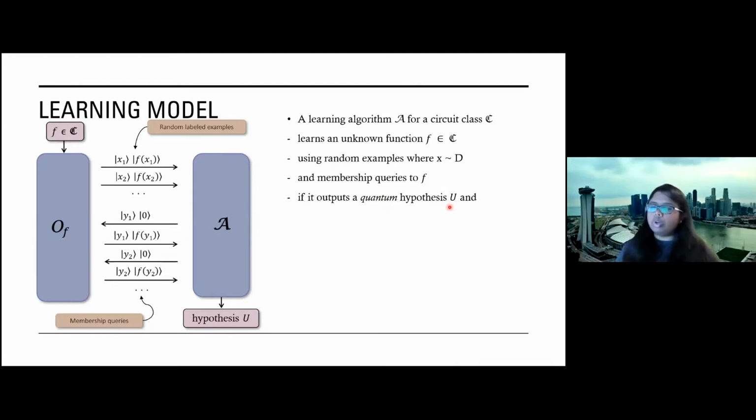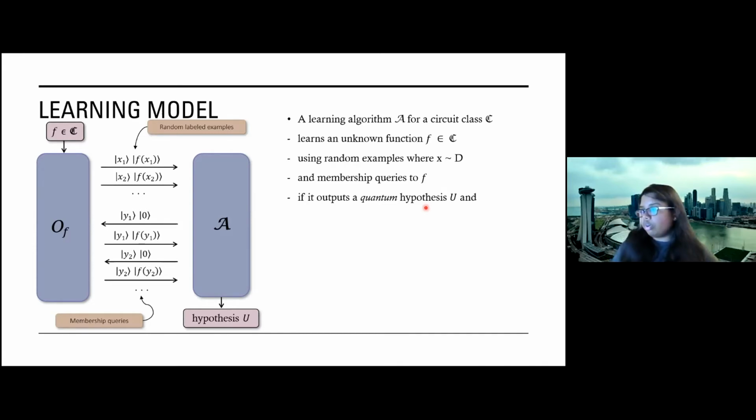And so we want a unitary description that can be bootstrapped into further steps of the proof. So for that reason, it helps. But the second reason is that obviously a quantum hypothesis is more powerful than a classical one. So in some sense, we're looking at a stronger model. And the intuition is that that should probably help us get easier lower bounds. So in that case, it helps as well.